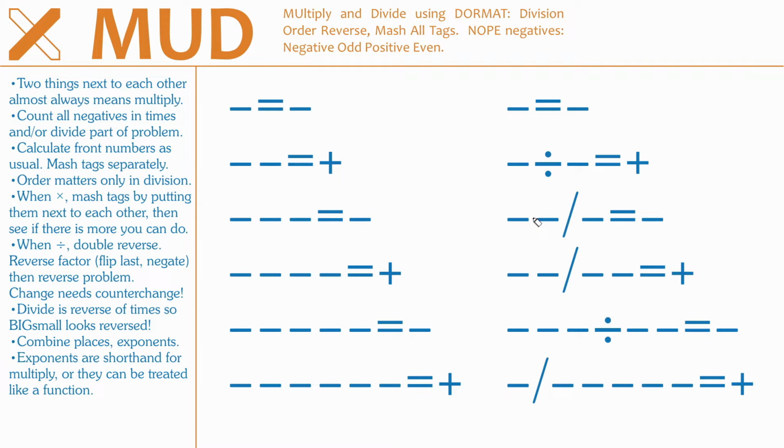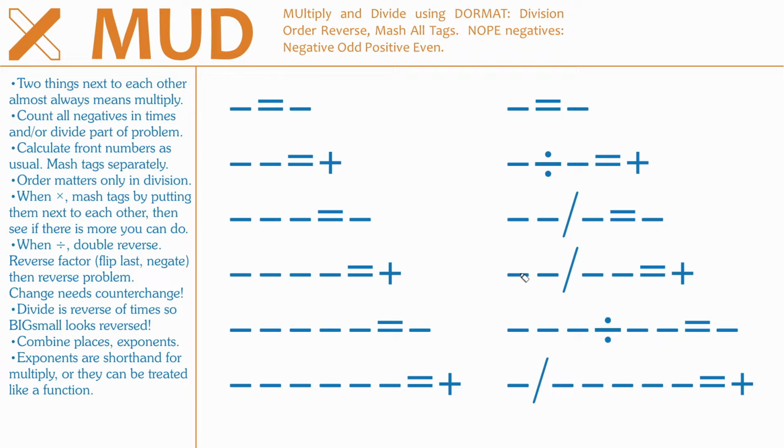Same way here, I've got multiplying going on here because they're right next to each other. So negative times negative divided by negative, well, fine. Multiply, divide, division is just reverse multiplication. They all go together. I count my negatives, 3, it's odd. My answer is negative.